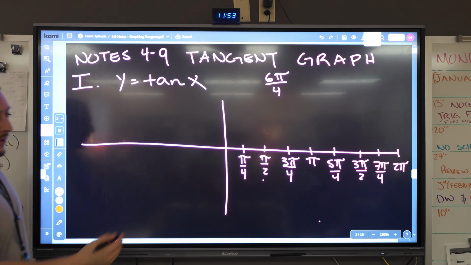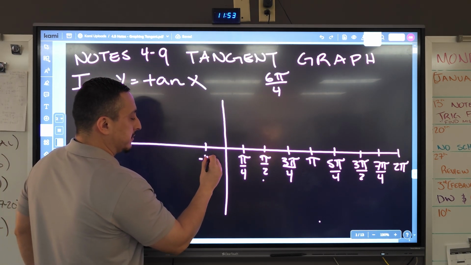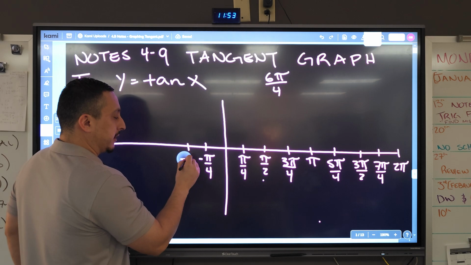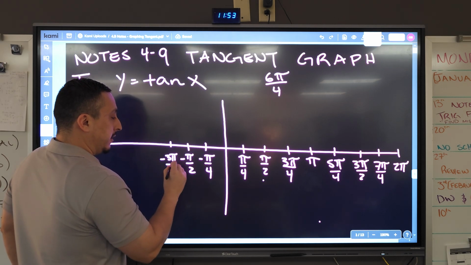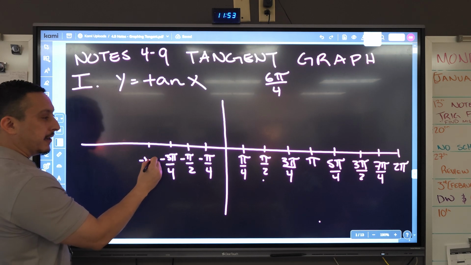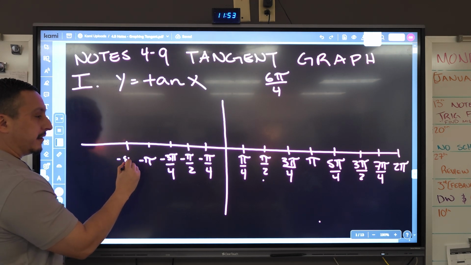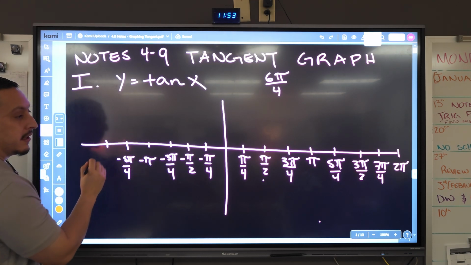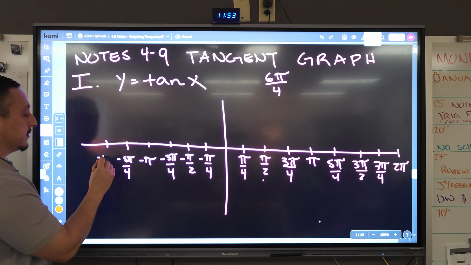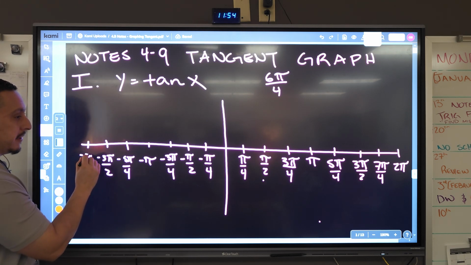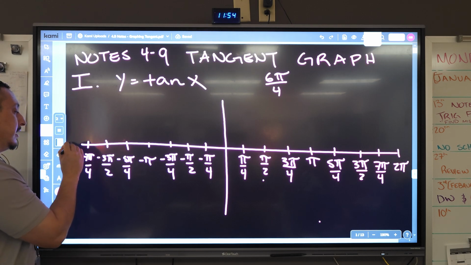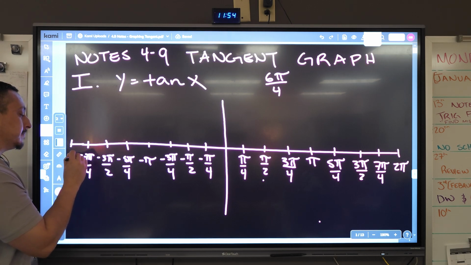And then we do the same values but backwards: negative pi over 4, negative pi over 2, negative 3 pi over 4, negative pi, negative 5 pi over 4, negative 3 pi over 2, negative 7 pi over 4, and negative 2 pi.